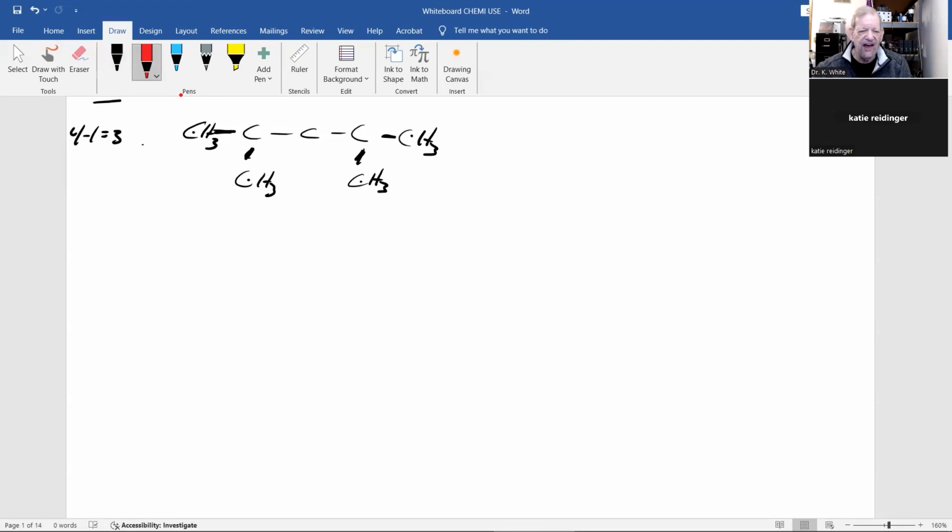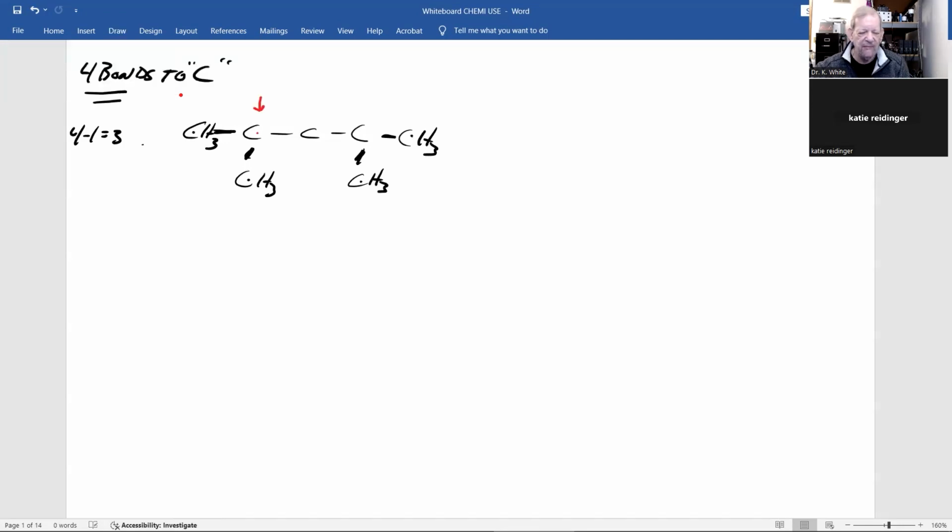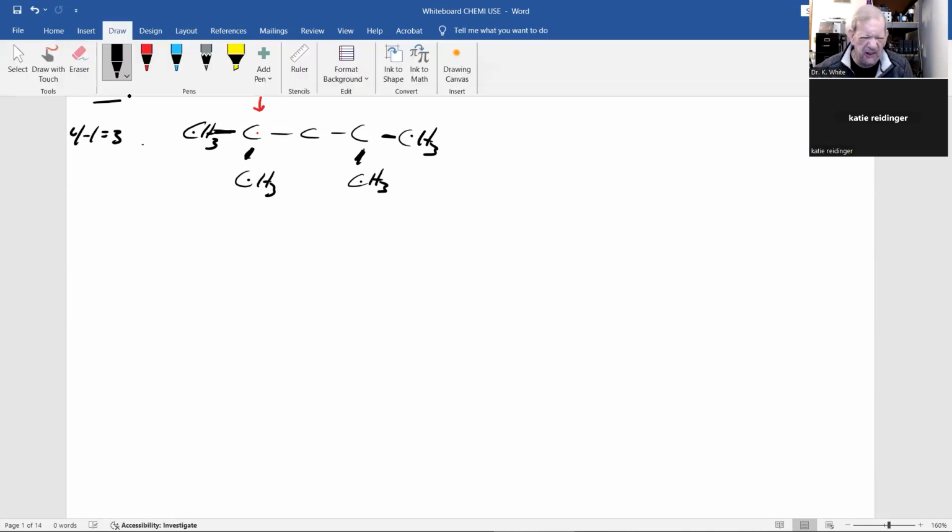Now let's look at that carbon right here. How many bonds to that carbon? Well, organic chemistry is real hard when I teach it. You have to know how to count up to 4 and know the numbers 1 through 20, which ones are larger and smaller. That's hard math.